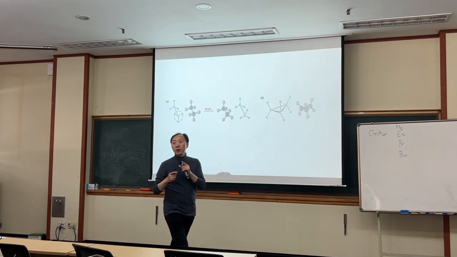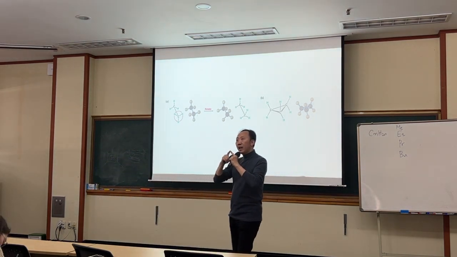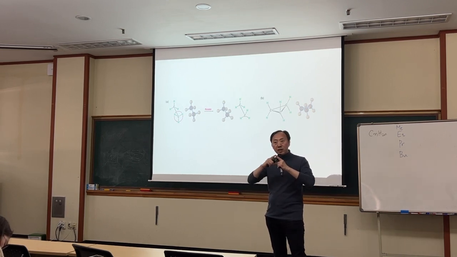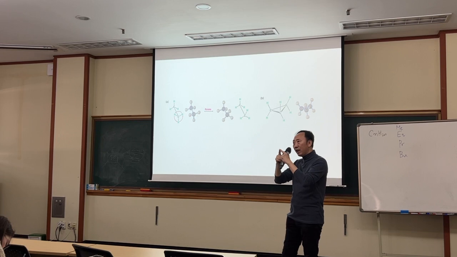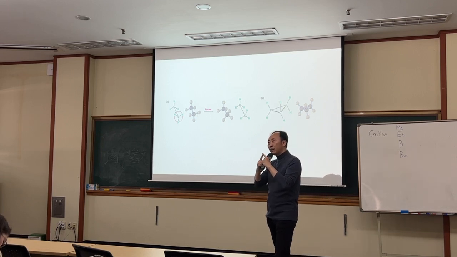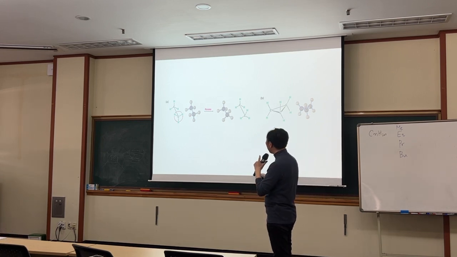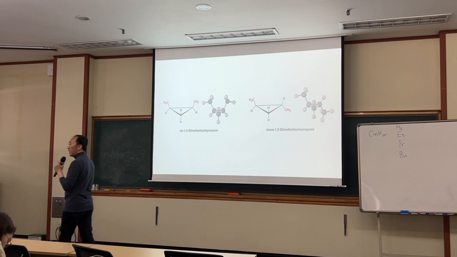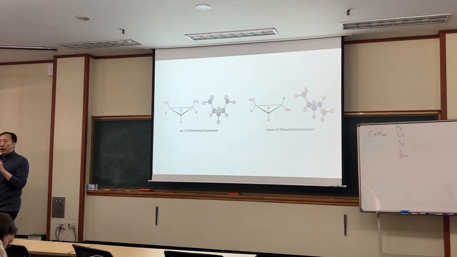Right? So that's why in cyclic alkane there's no real rotation. There's a small movement like trembling, but they cannot rotate. This rotation happens only when it is an open form. Now, based on this, if you look at this structure, it's not rotatable.